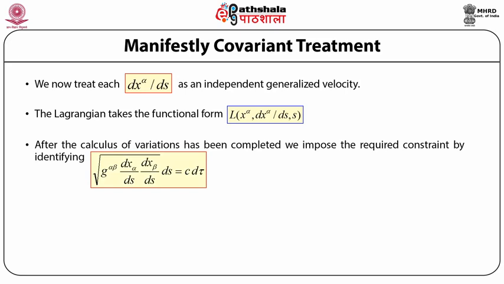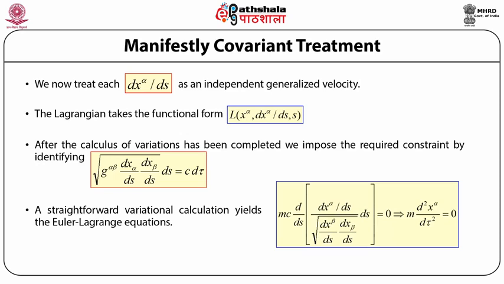After the calculus of variation has been completed, we identify the square root of g alpha beta dx alpha by ds dx beta by ds times ds as d tau, and we impose the constraint.